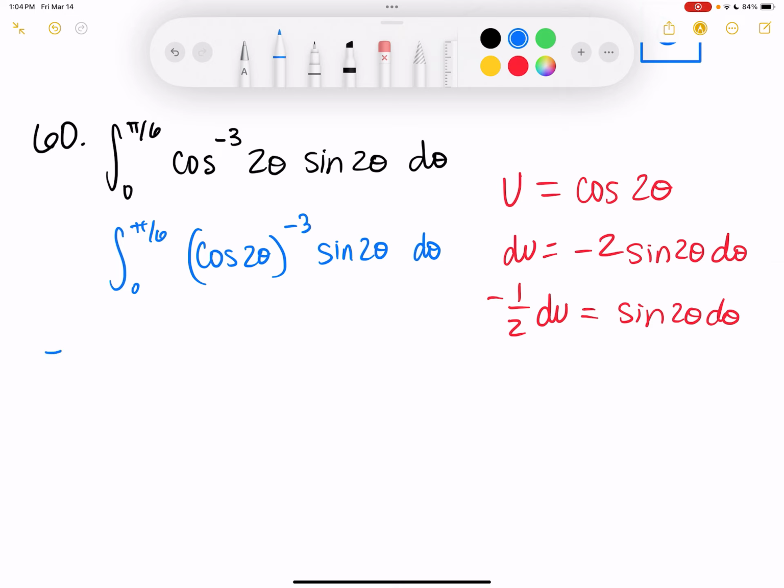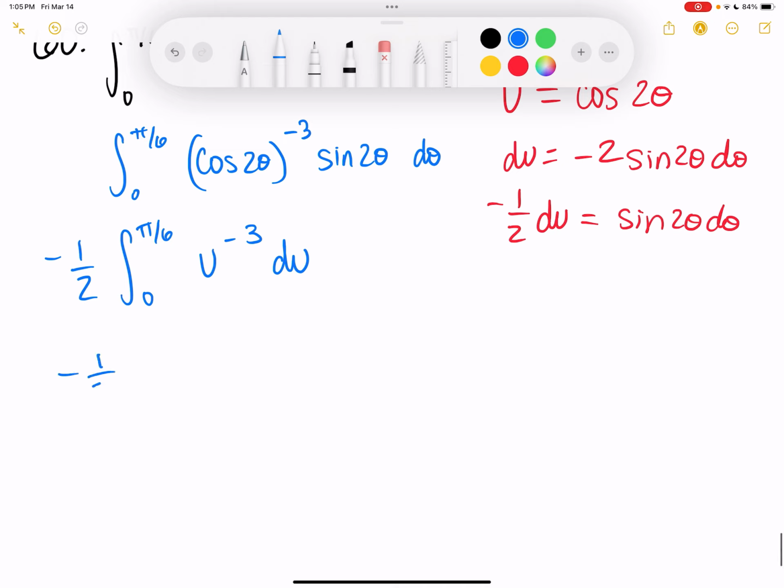So I've got negative 1/2, the integral from 0 to pi over 6, u to the negative 3 du. Antiderivative of u to the negative 3 would be negative 1/2 u to the negative 2.